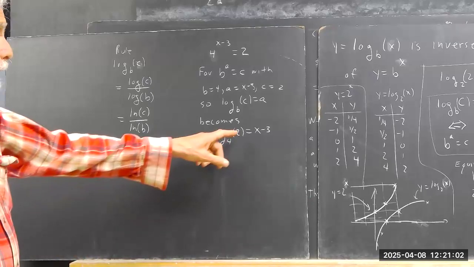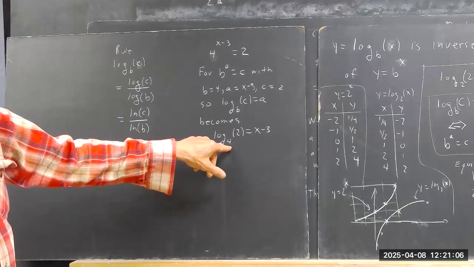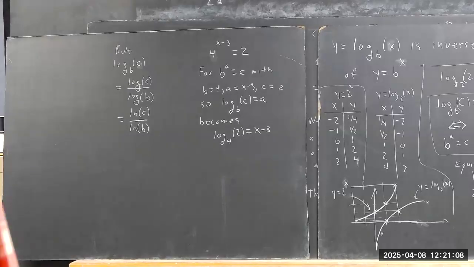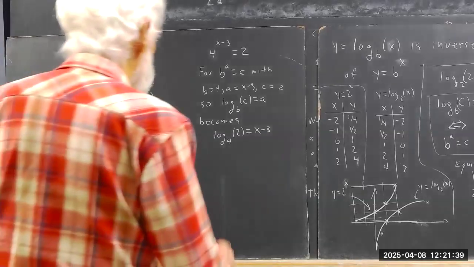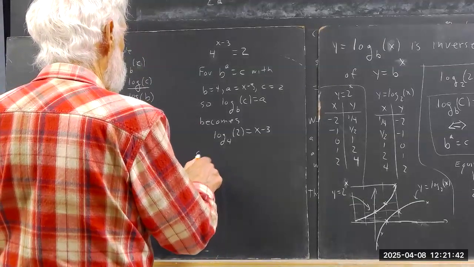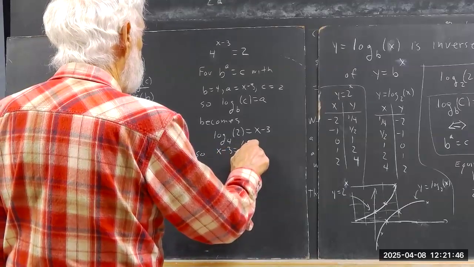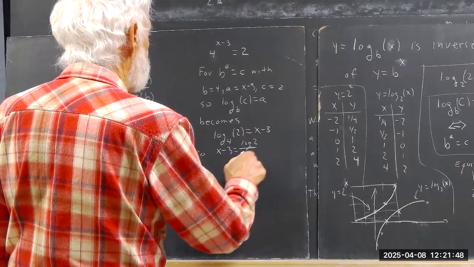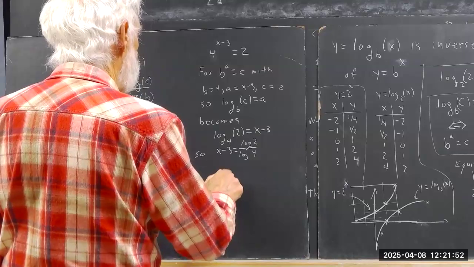In this case, it would be log 2 divided by log 4. Just divided, log of this divided by log of this. We can say then that x minus 3 is log of 2 over log of 4.